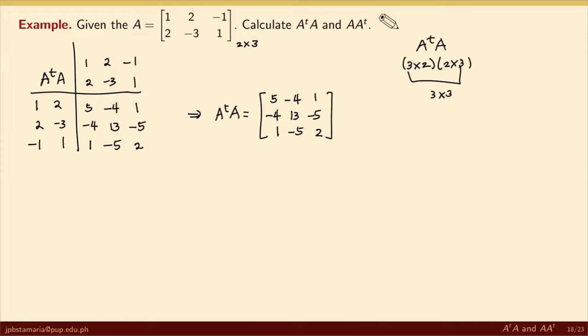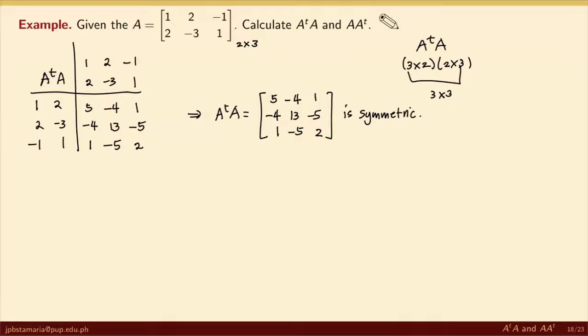Second, do you notice anything weird or not really weird? Anything special about this matrix? You can pause this if you want to try to guess, no? But the answer is that when you look at this, anong tawag natin sa matrix na pareho yung nasa taas ng diagonal tsaka nasa baba? Symmetric.